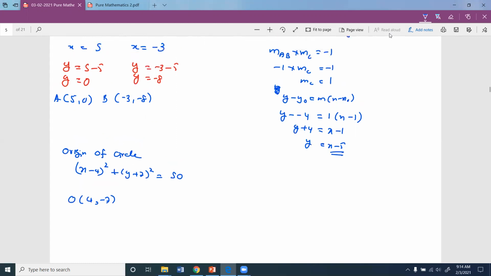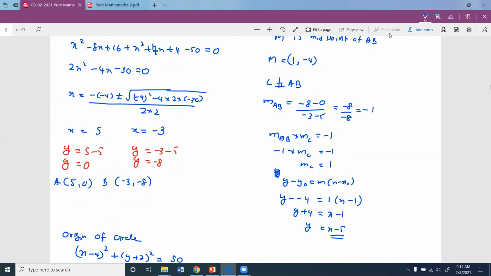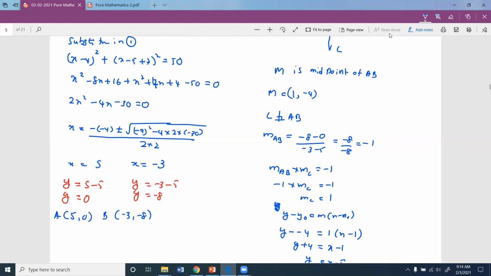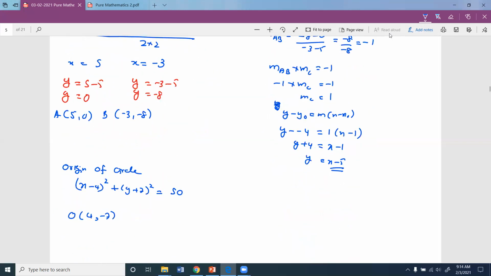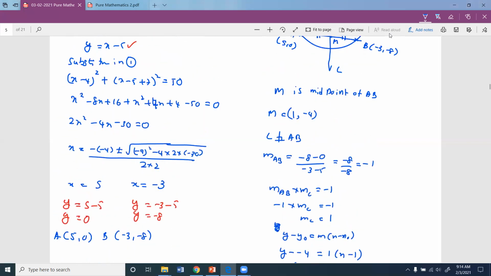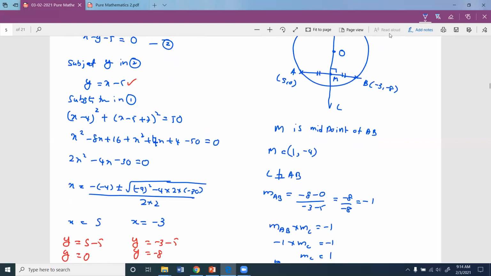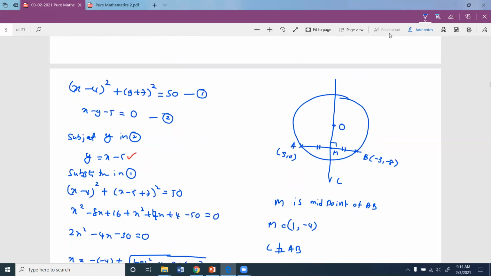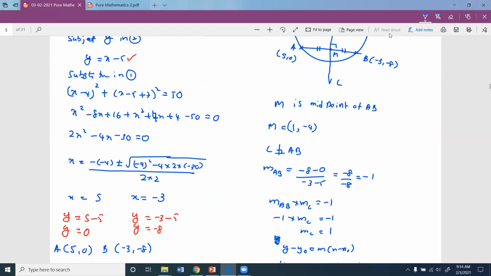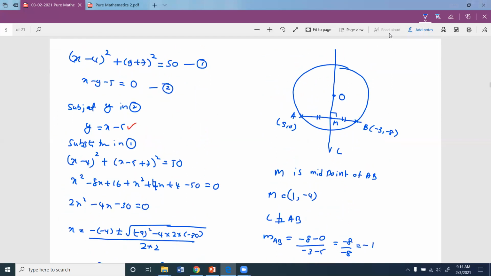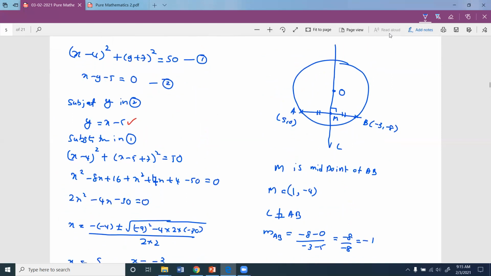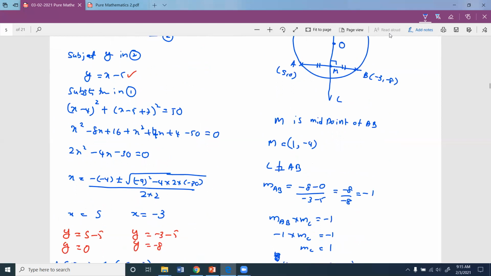Have we made any mistake over here? So the centre is, according to this, 4 and minus 7. So let's see whether we did it perfectly.